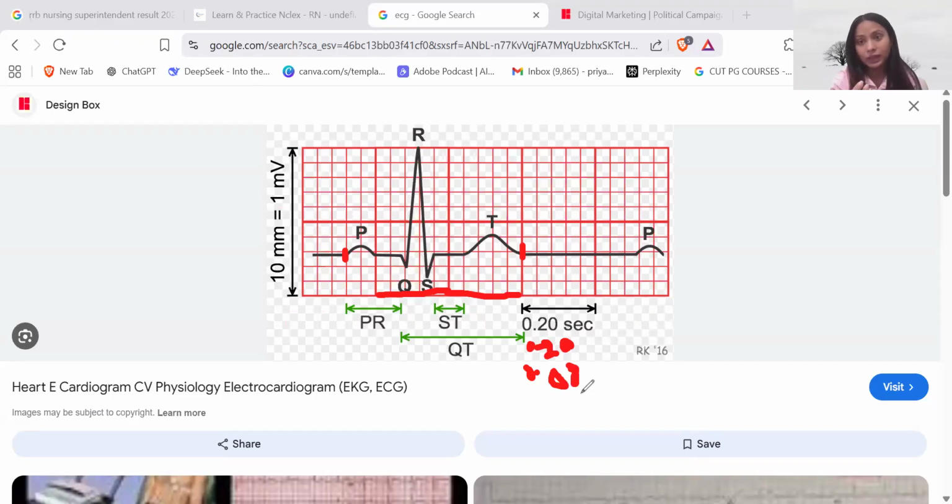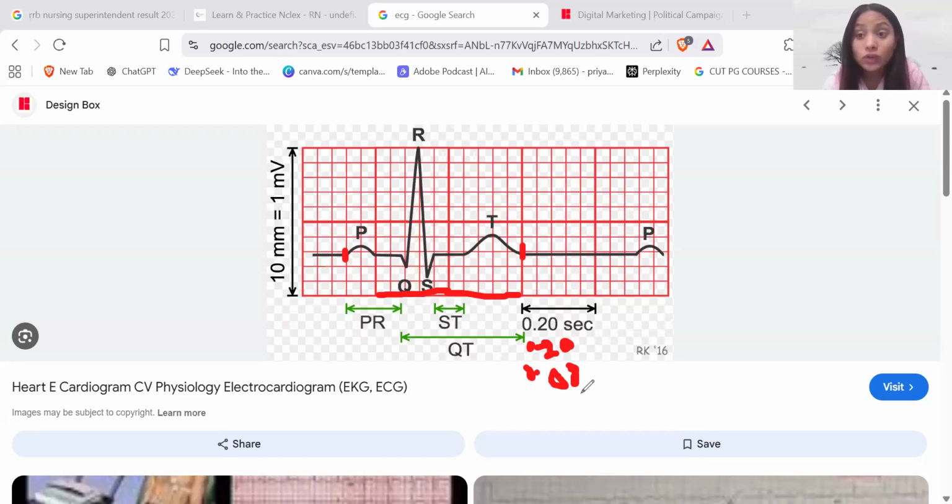One contraction is much less than 60 seconds. So how long does one normal contraction take?